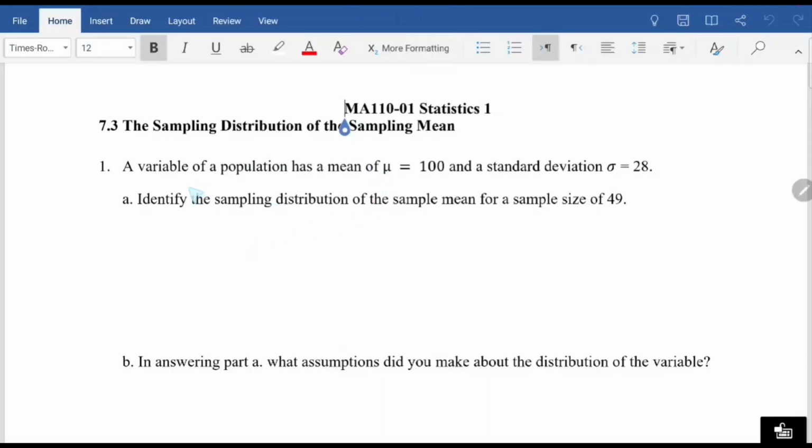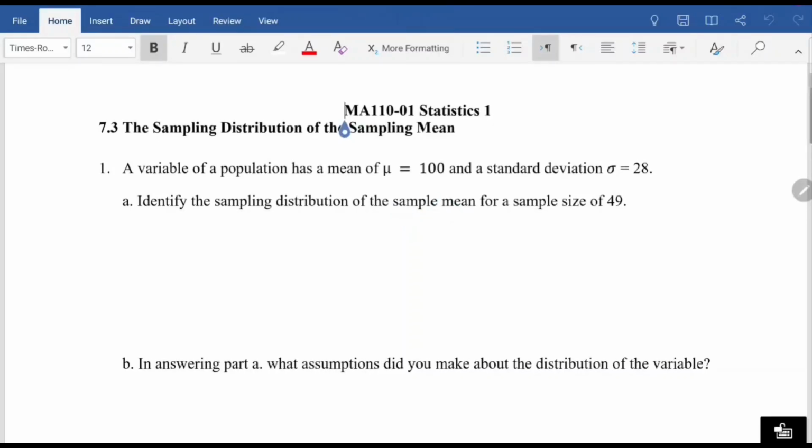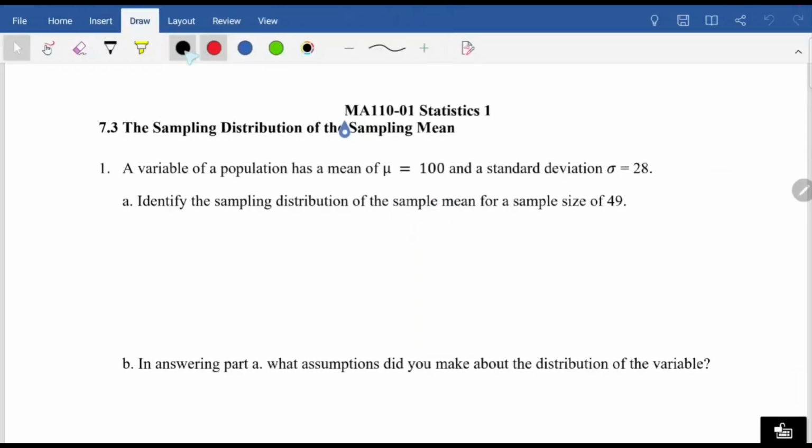Now, again, here we are referring to the distribution of the sample mean, not individual observations, individual values of a particular variable, but the sample mean, how the different sample means are distributed for all possible samples that could be created from a population.